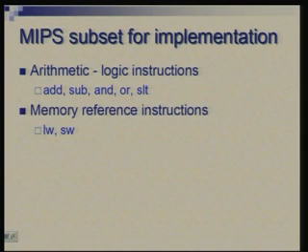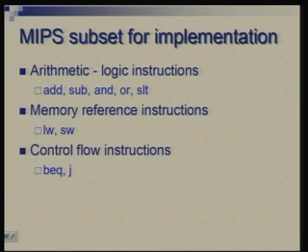Then we come to load and store, which access memory. Basically the data is transferred between register file and memory one way or the other. Then the instructions which influence the flow of control: BEQ which does a comparison and then decides which way to go, and jump which is an unconditional jump instruction.